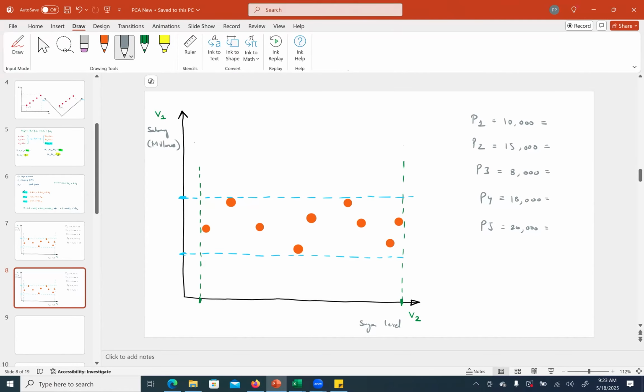Then the values might become something like 0.01, 0.015, 0.008, 0.018, 0.020, something like this. If I put salaries in millions instead of thousands, then what will happen? This y-axis that you see, that will reduce, right?